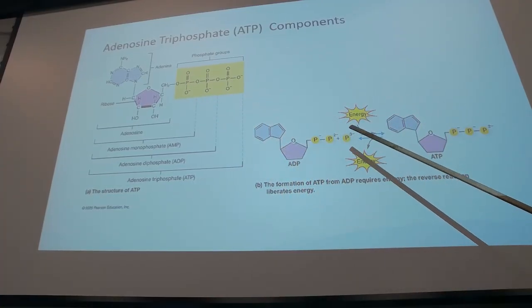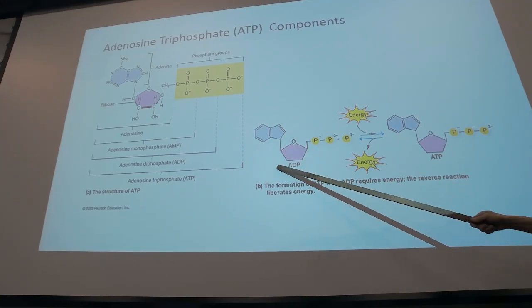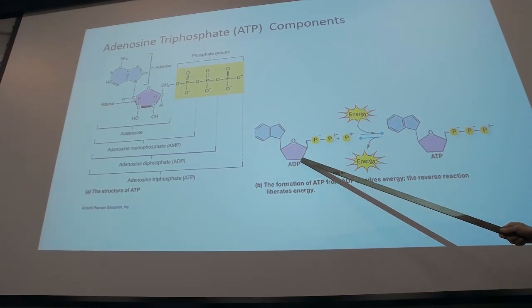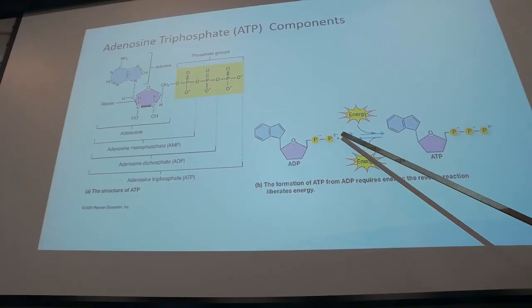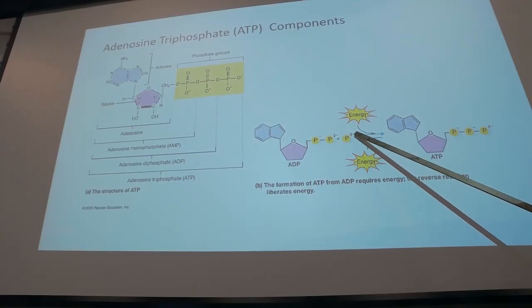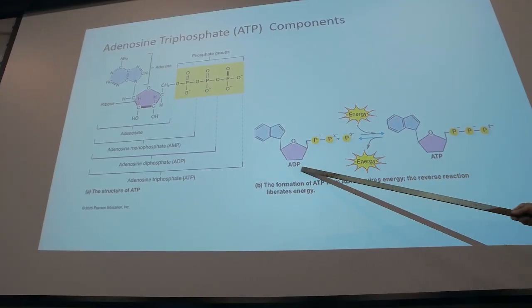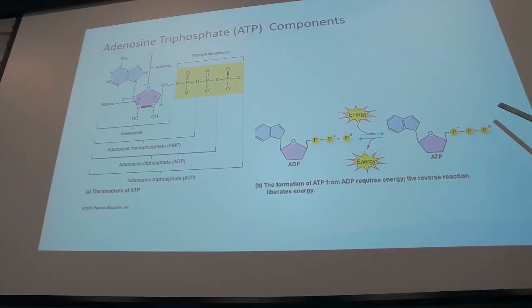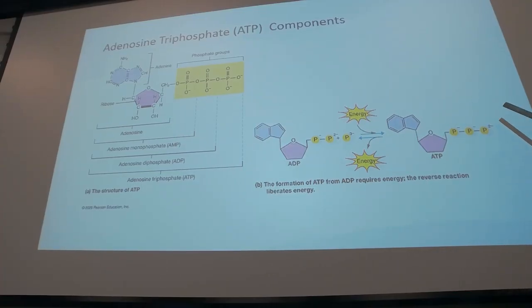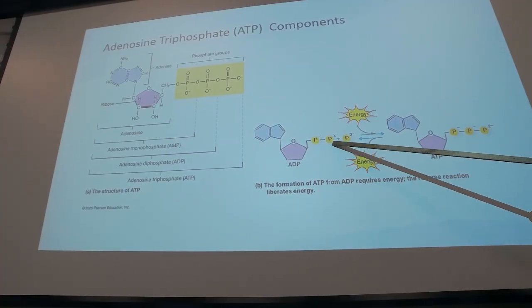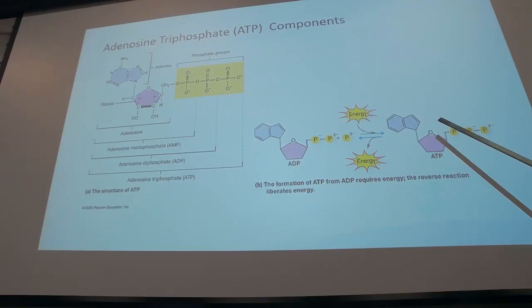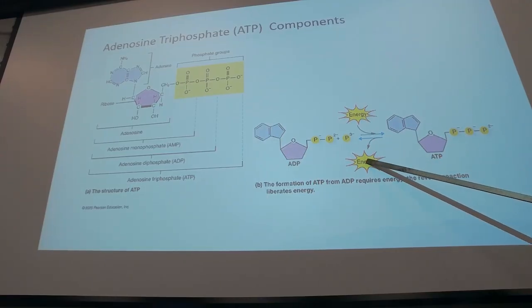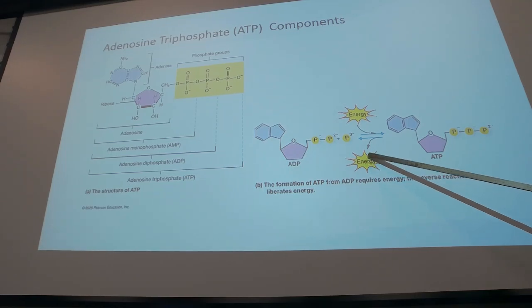Now, you have this core, which is ADP. You can keep adding phosphate groups, and then you can make again an ATP molecule. So from here to here is a synthesis reaction, and from here to here is a decomposition reaction. Now, in chemical reactions, when you release energy, this is called an exergonic chemical reaction.